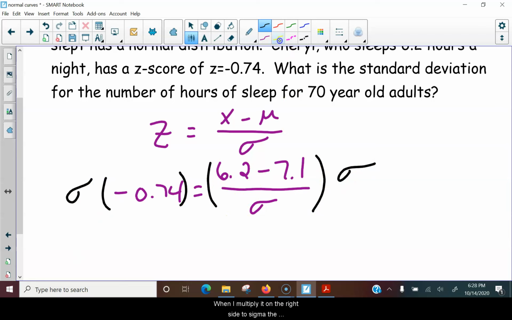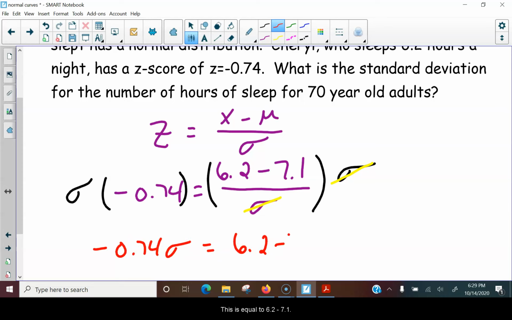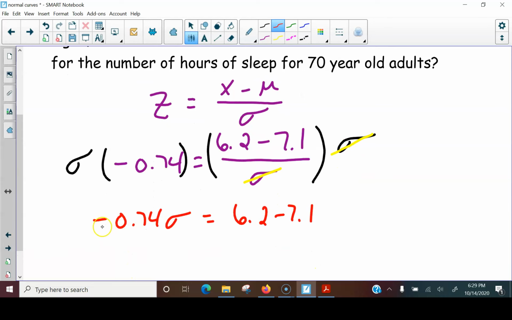When I multiply it on the right side, the sigma in the denominator cancels with the sigma which I multiplied by. On the left side, I'll get -0.74 sigma, and this is equal to 6.2 minus 7.1. Because this is -0.74 times sigma, I can get the sigma by itself if I divide both sides by -0.74.